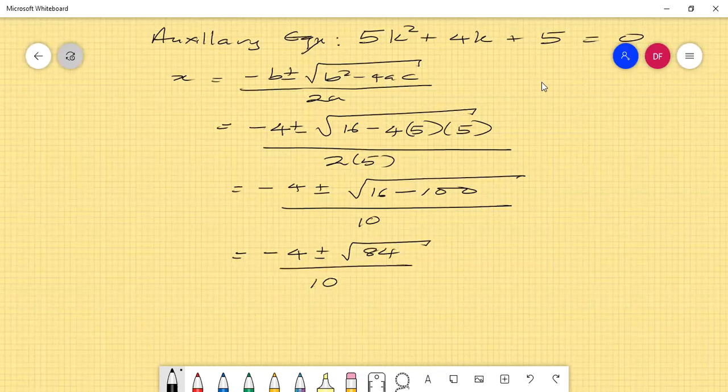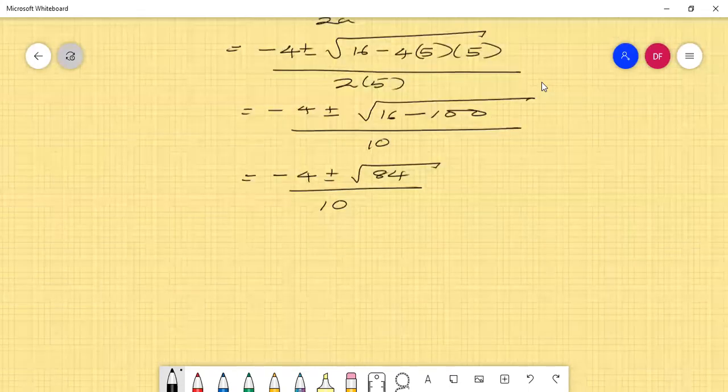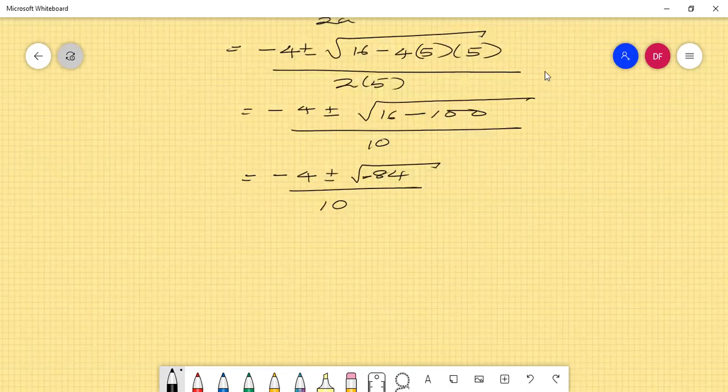So now, if the roots of the auxiliary equation are negative 84, this will lead to complex roots. I'm going to take out the 4. 4 into 84 is 21.